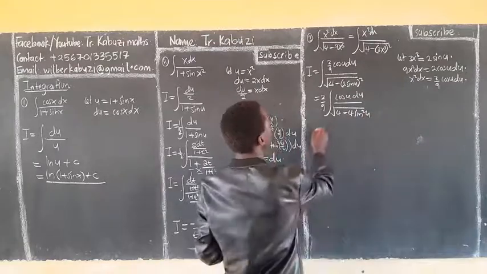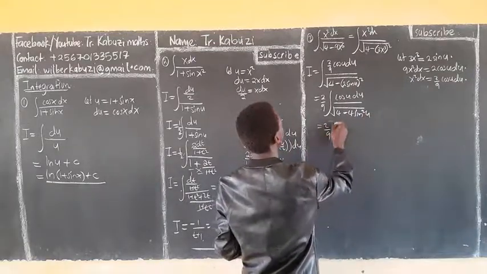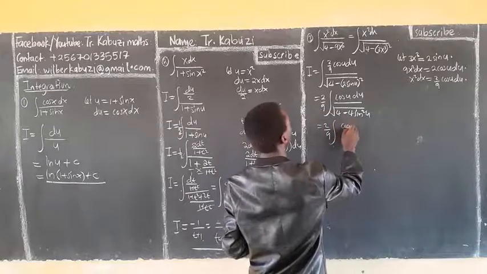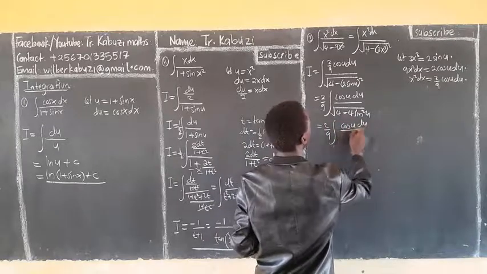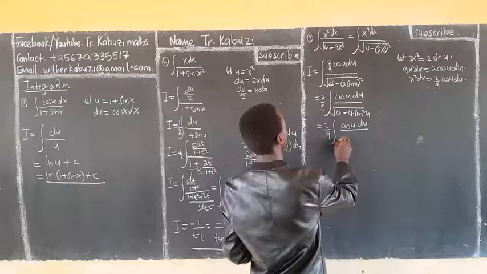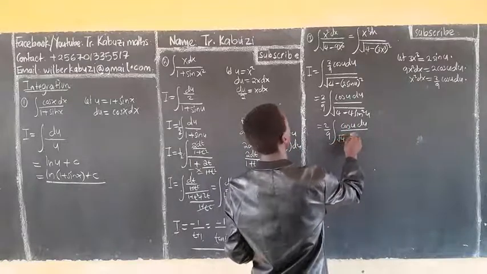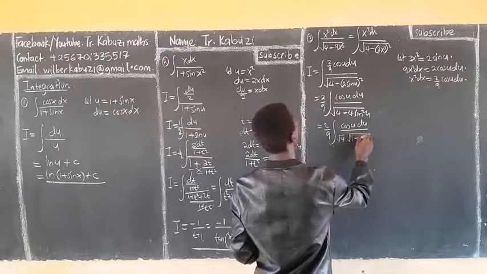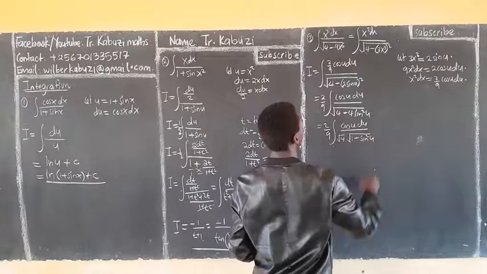So this will be 2 over 9 integral of cos u du over, if I factor out this 4, we are going to have root 4, then root of 1 minus sine squared u.